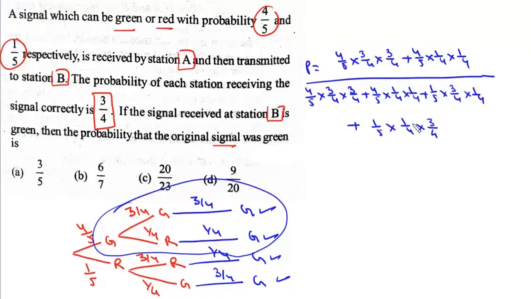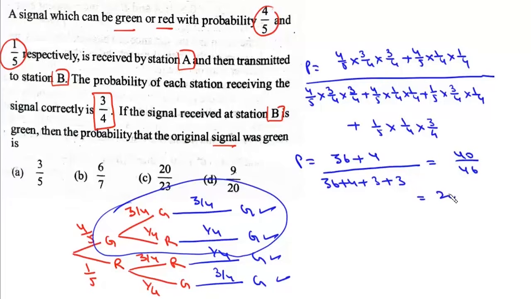Now all these denominators will get cancelled. So this probability will be 36 plus 4 divided by 36 plus 4 plus 3 plus 3. Now this is 40 divided by 46, which is 20 by 23, and that's your option C.